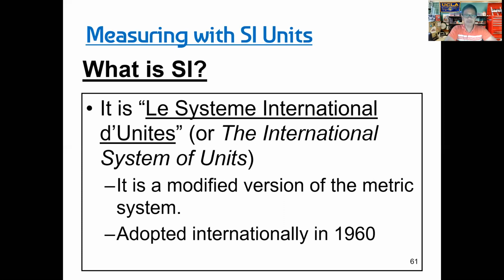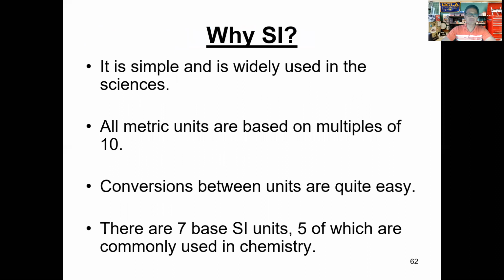That allows us to have a system that is fairly uniform in nature, that everyone can agree to, and it's based upon the metric system. They chose the metric system because it's very simple. The metric system is used almost uniformly around the world, and it's used in all the sciences.